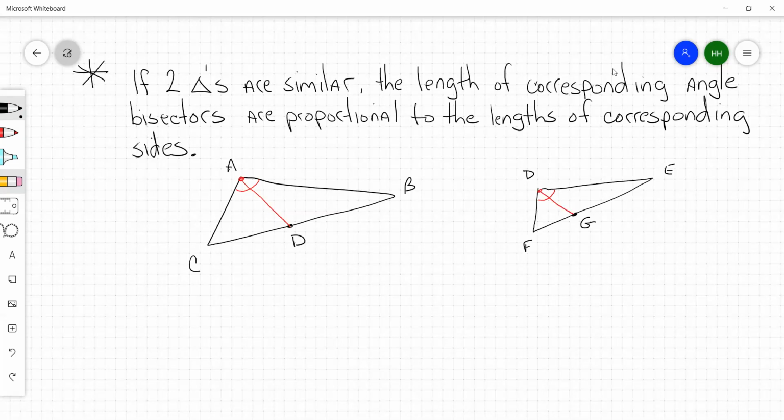And here's what we got. We've got another case of if triangle ABC is similar to triangle DEF, then AD over AB is equal to DG over DE.